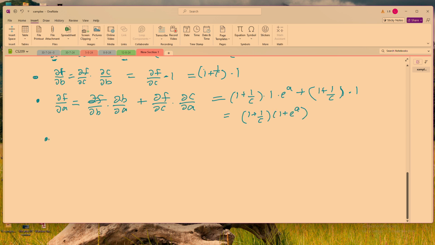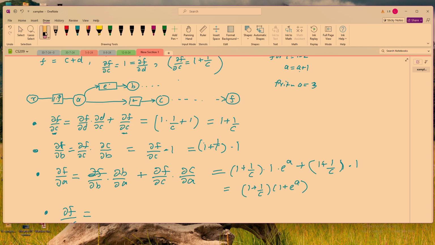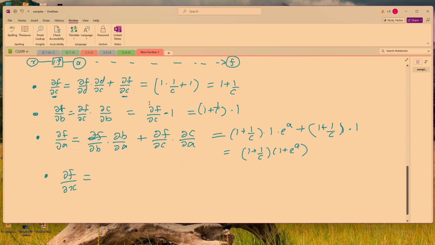And now finally we'll compute df over dx. To read that, I'll assume that nothing else exists. I'm just erasing it for the sake of you, because till df over da we have already computed. So now this will be df over da, which we have computed, into da over dx.